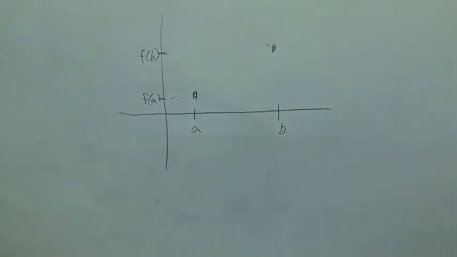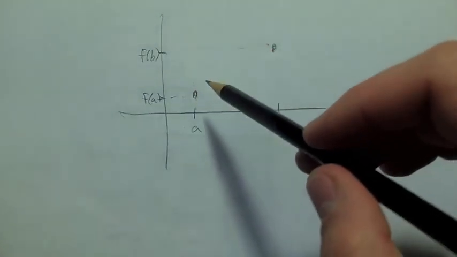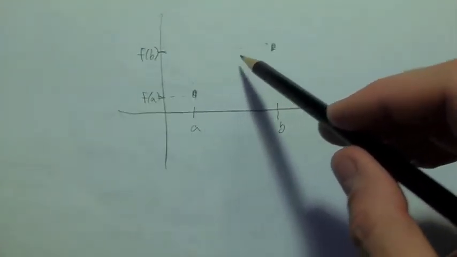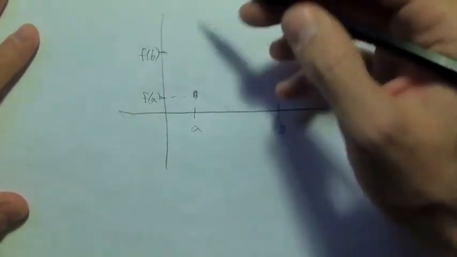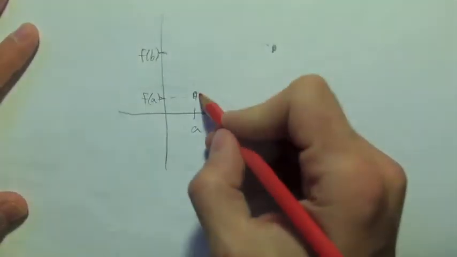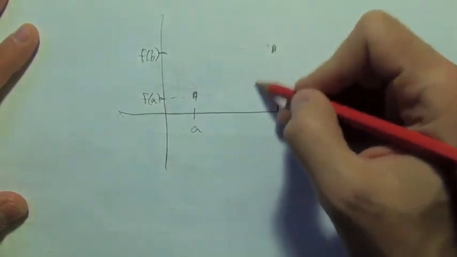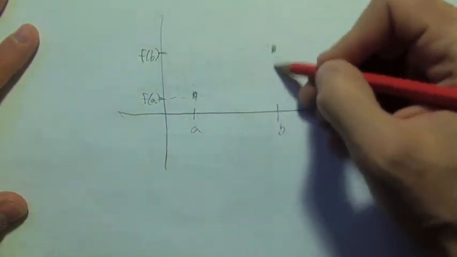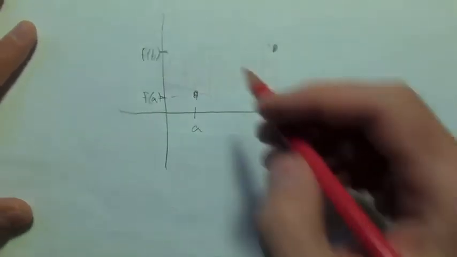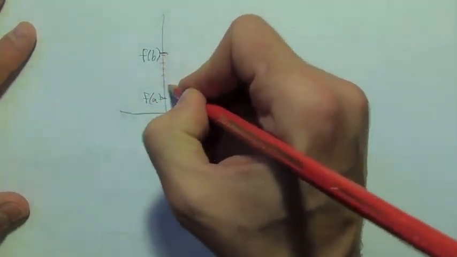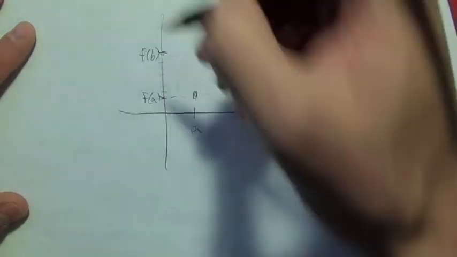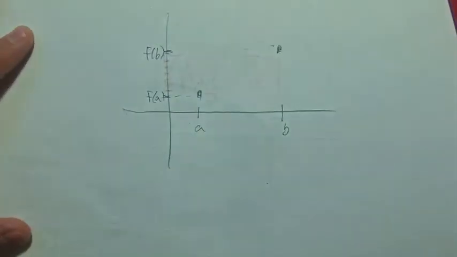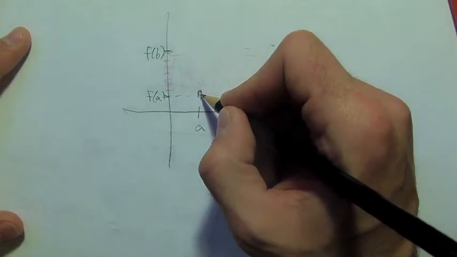It's impossible to draw a continuous function between this point and this point without hitting every single point within here, right? Without getting every point in this region between f of a and f of b. You have to hit every y value, that is. Okay? Every y value you will cross between f of a and f of b. You have to. There's no way to do it otherwise.